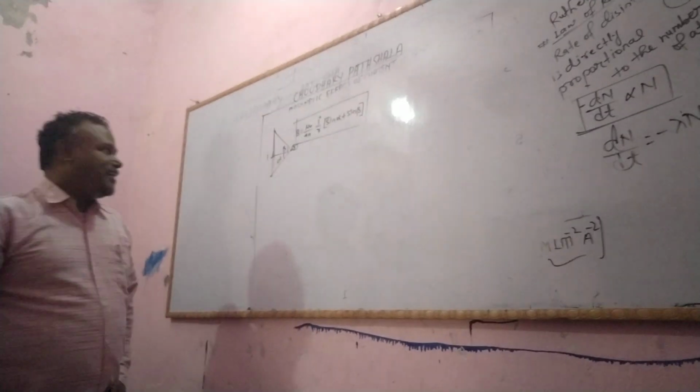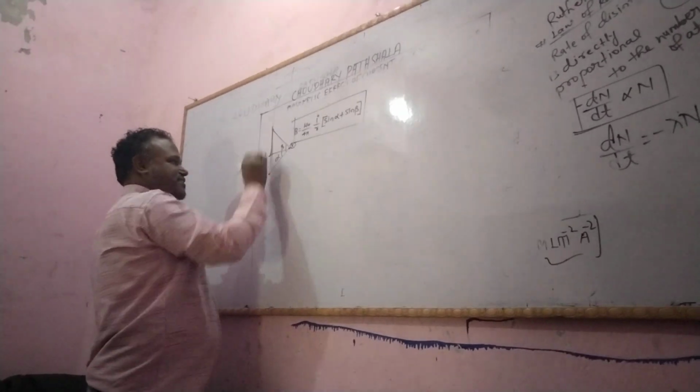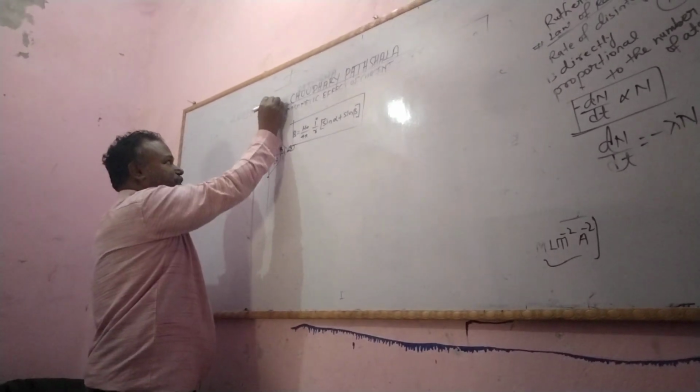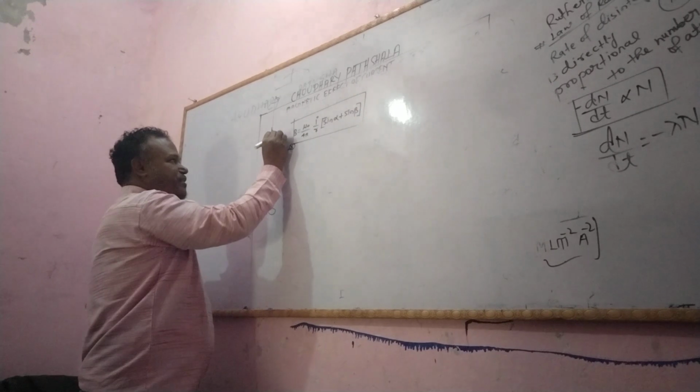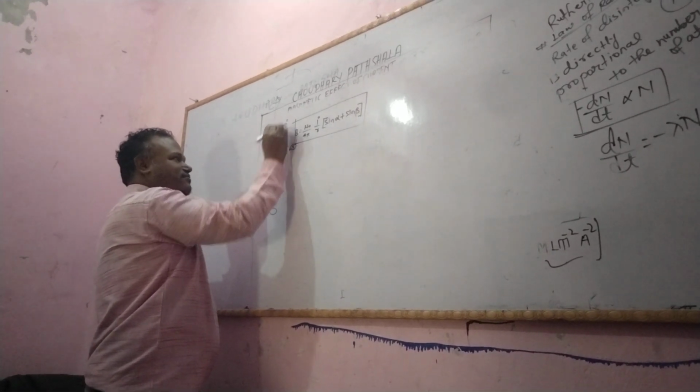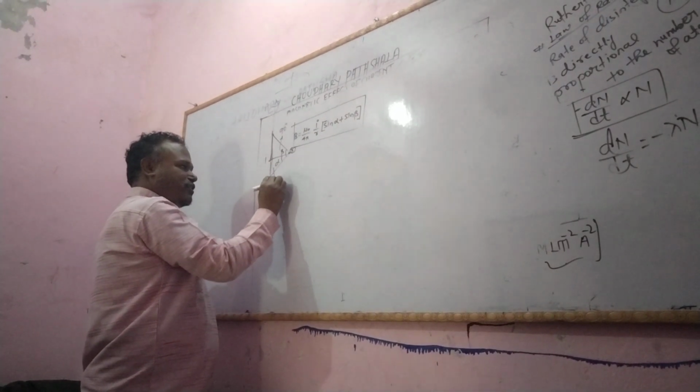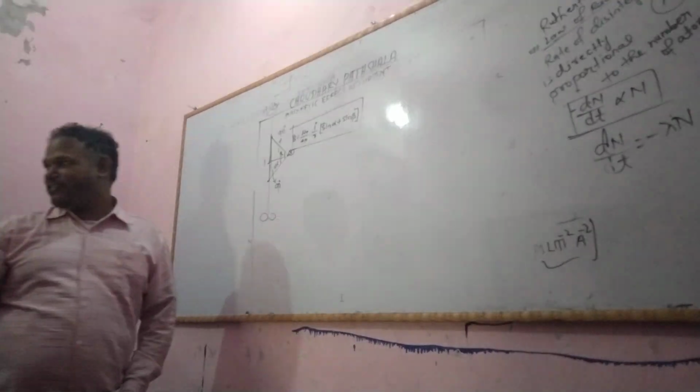Are you understanding? If the wire length increases and goes to infinity, then beta will tend to 90 degree and alpha will also tend to what? 90 degree.